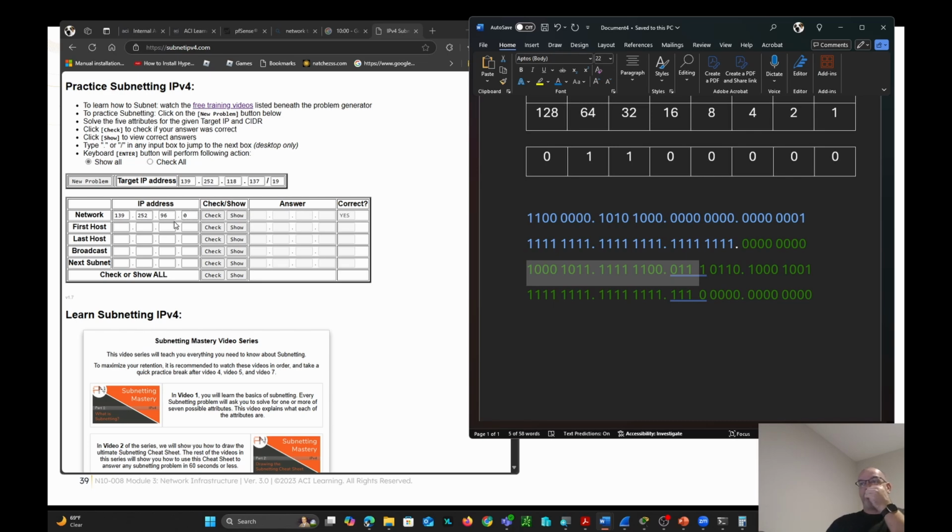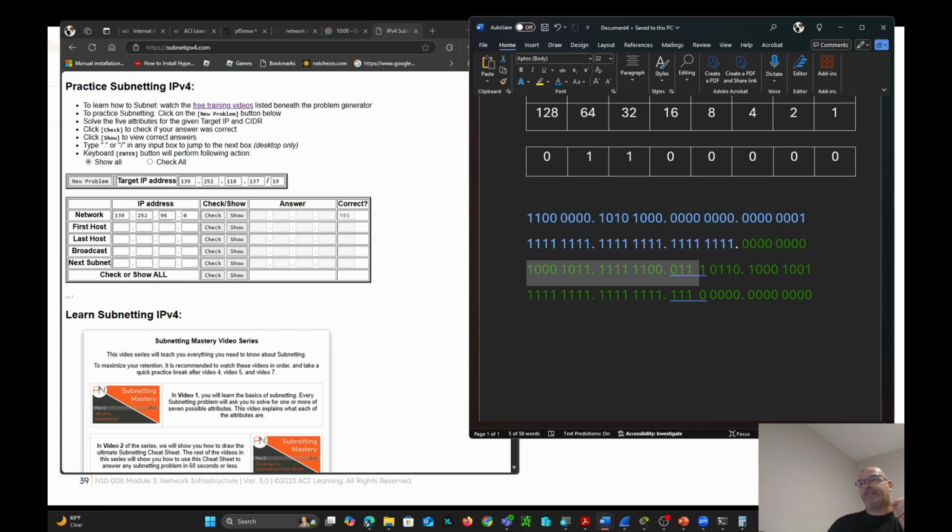Another way we're going to have to solve this problem is the first device. The network is always the beginning of the IP address range, and then your first host is just one more.